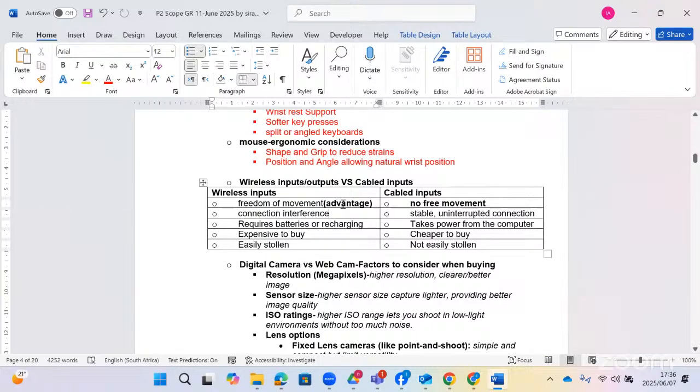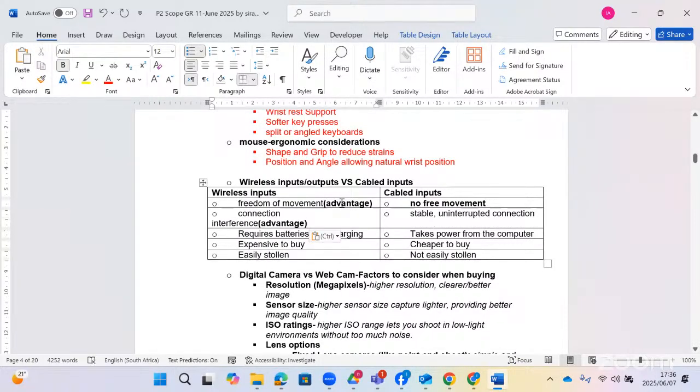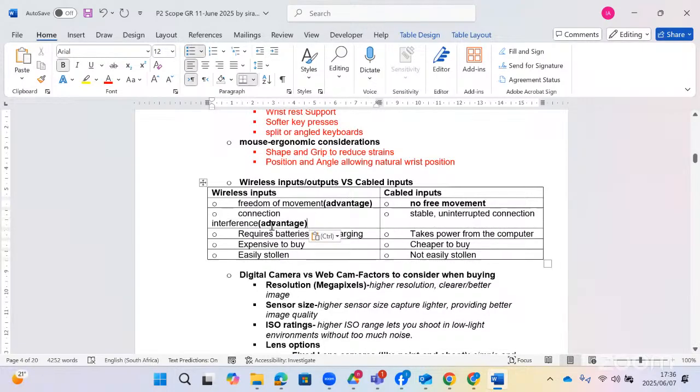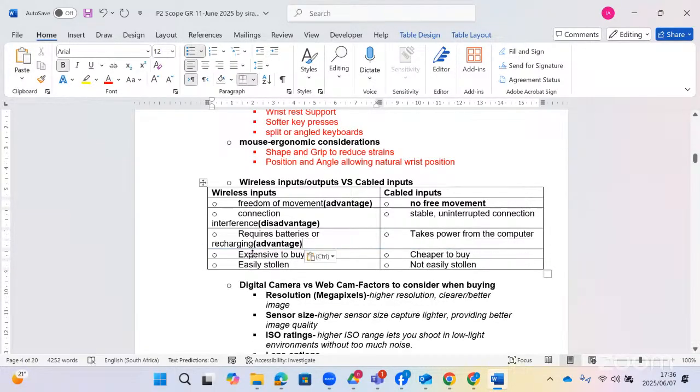All these have the same advantages. Connection interference is a disadvantage of wireless. Requiring battery and charging is also a disadvantage. Expensive to buy is a disadvantage. Easily stolen is a disadvantage.